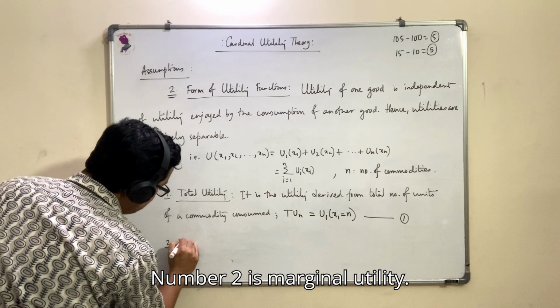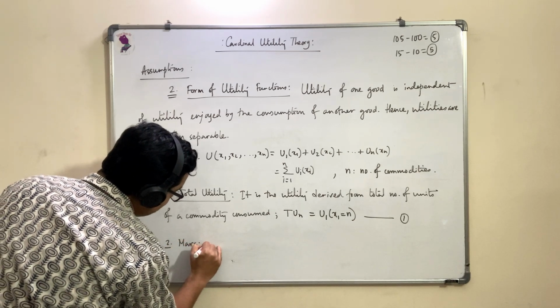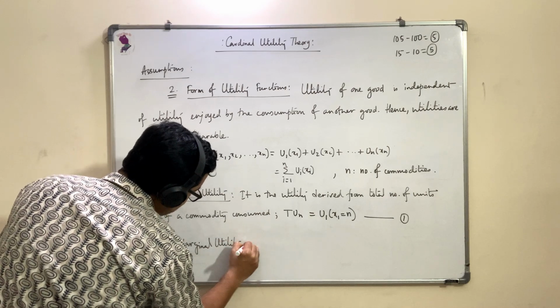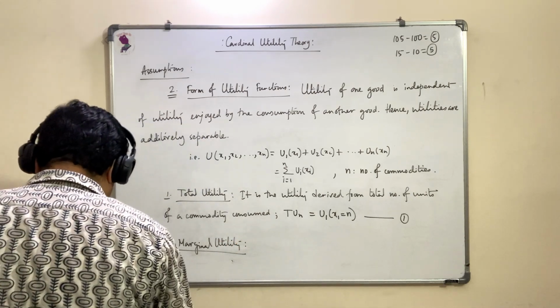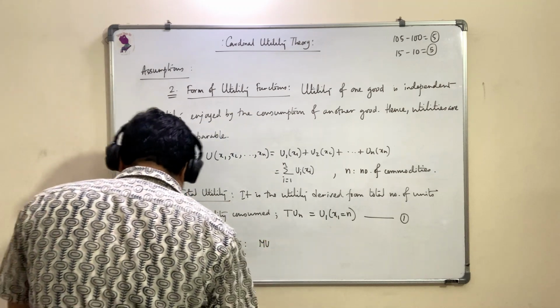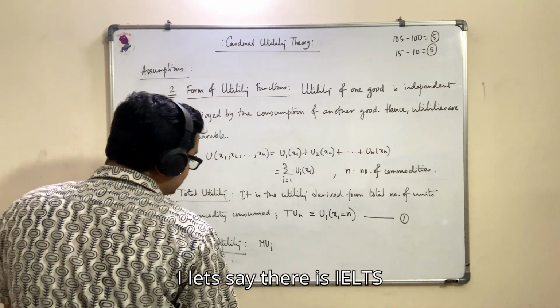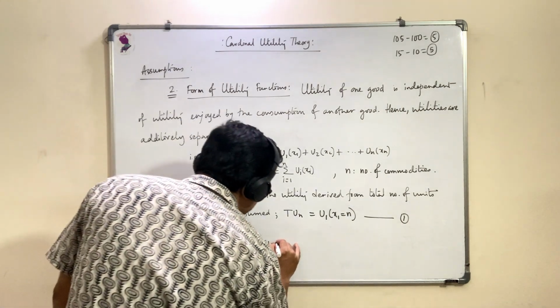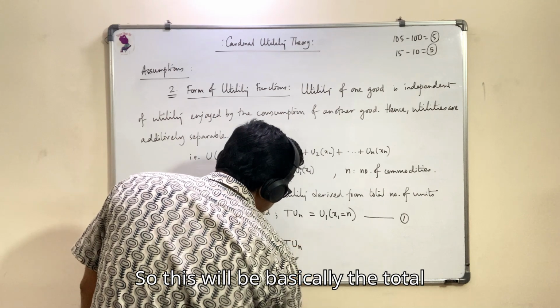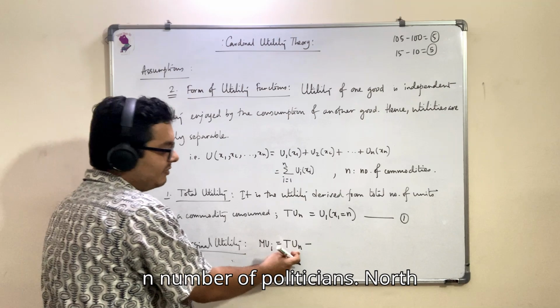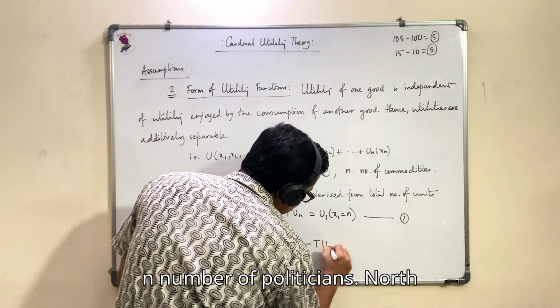Number 2 is marginal utility. So MU_i, let's say, that is the ith commodity's marginal utility. So this will be basically the total utility obtained from consumption of n number of commodities minus that from n minus 1.